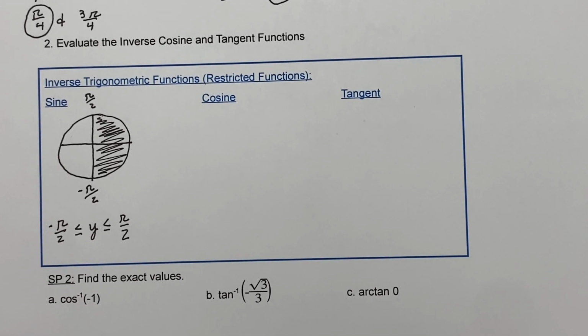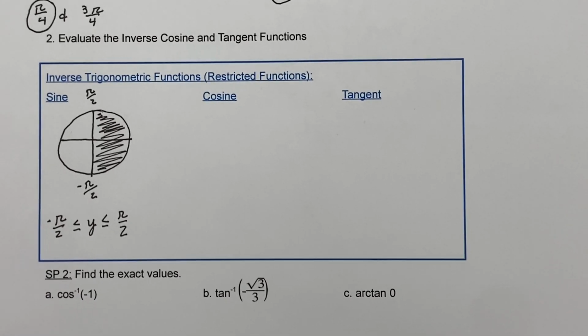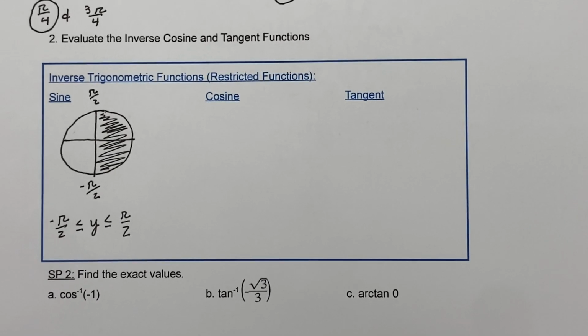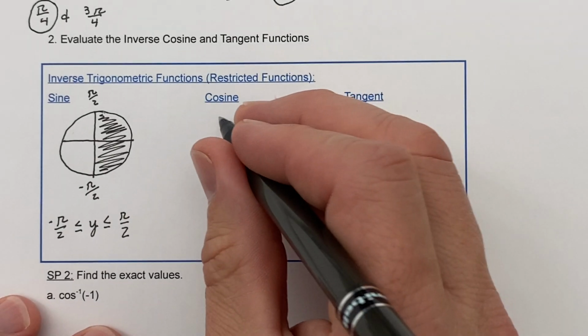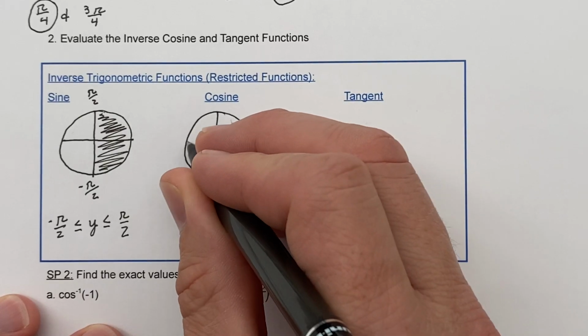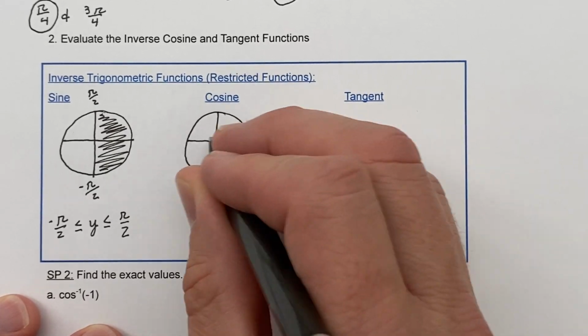How do we remember it's the right side? You ever notice when you're driving, where are all of your signs at? Left or right side of the road? Right side, right? So sine is the right side of the unit circle. Cosine is now the top half of the unit circle.